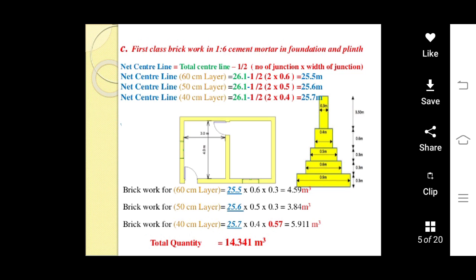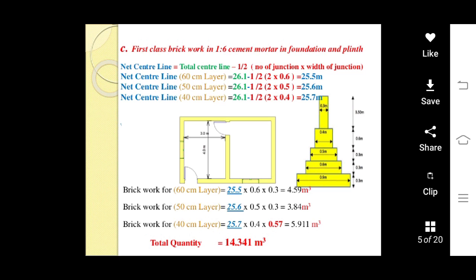The brickwork for the first step having 60 centimeter layer is 25.5 into 0.6 into 0.3, which is equal to 4.59 meter cube. The brickwork for 50 centimeter layer is equal to 25.6 into 0.5 into 0.3, that is width and depth of footing, which gives quantity of 3.84 meter cube.